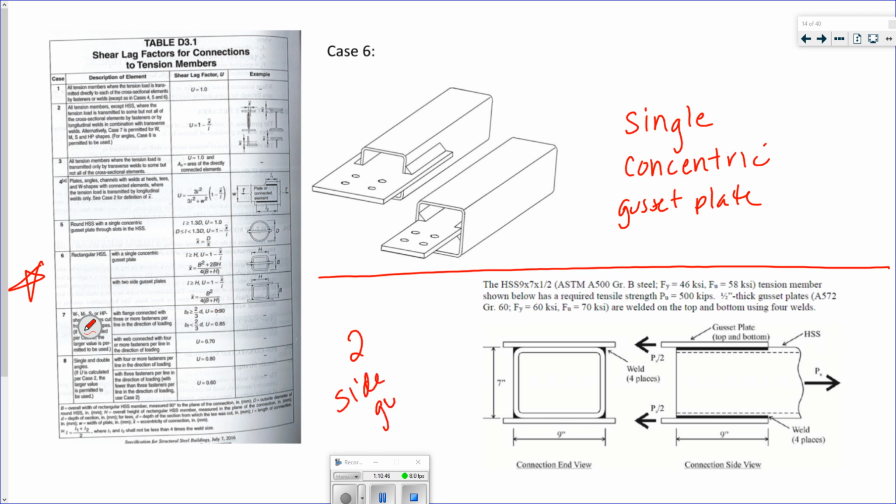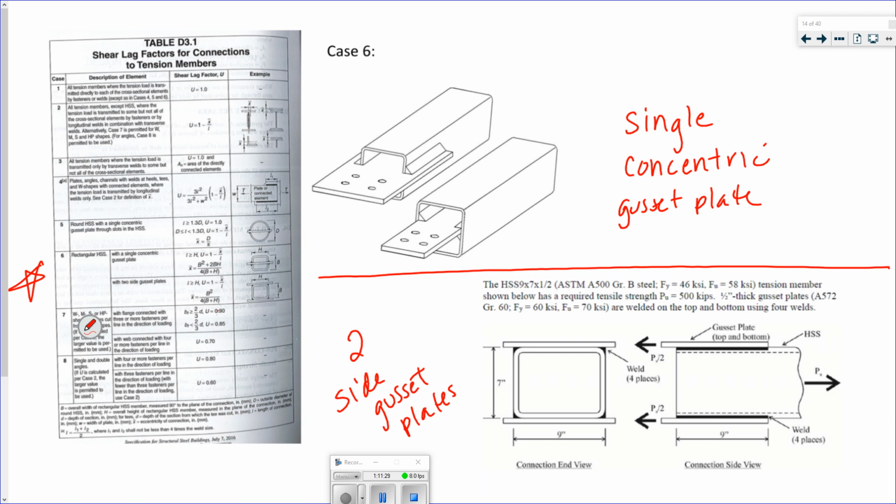And then side gusset plates. And it gives you the equations for how to calculate your shear lag factors for both of those examples. We're almost done.